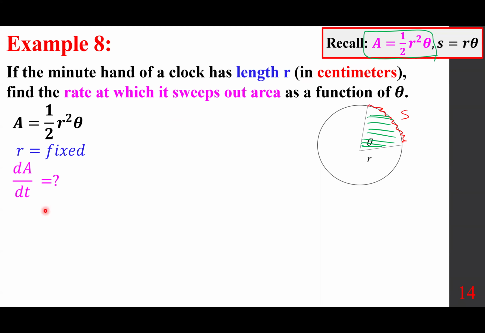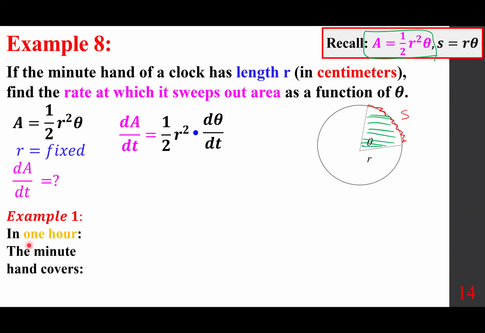Therefore, when I differentiate this, dA dt is 1/2 r squared, a fixed number that is not changing, times now theta becomes d theta dt. Then that's it, okay? Now, this is a general case. That says dA dt equals 1/2 r squared d theta dt.